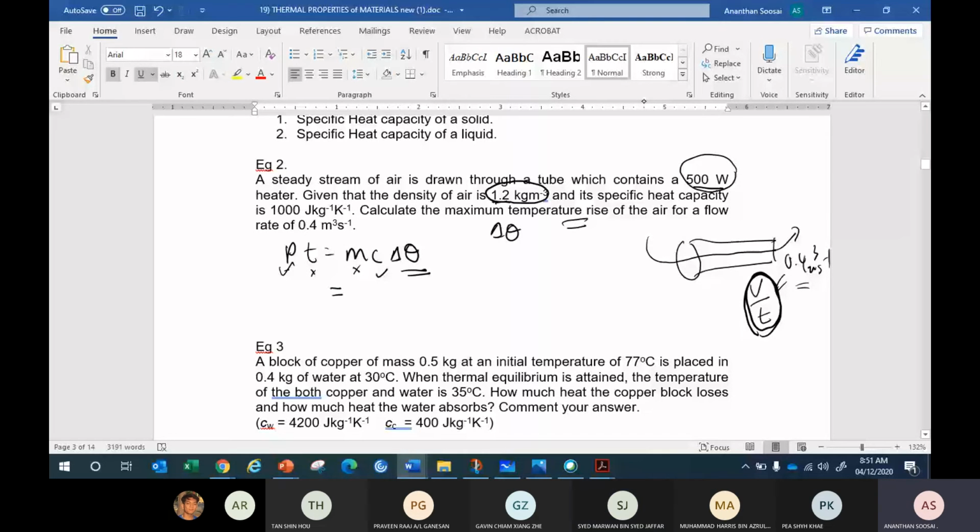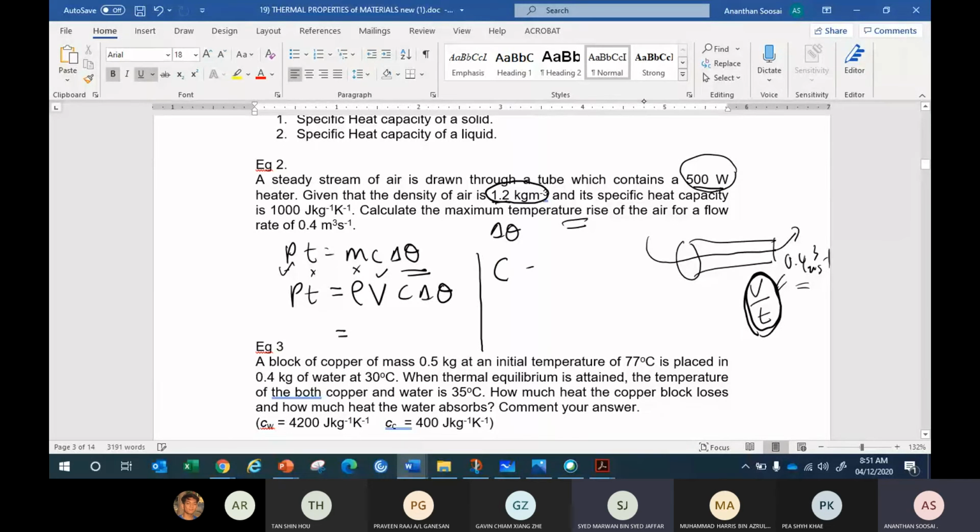How to change mass to density? So density, what is mass? Density times volume is your mass. Okay, so now I think you can get the answer, right? So make the subject.